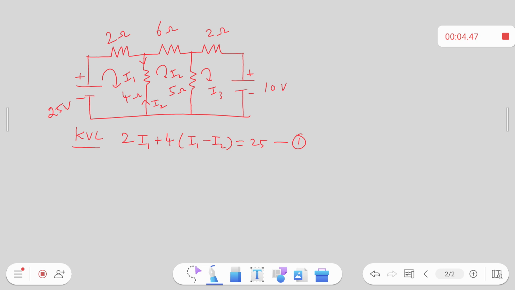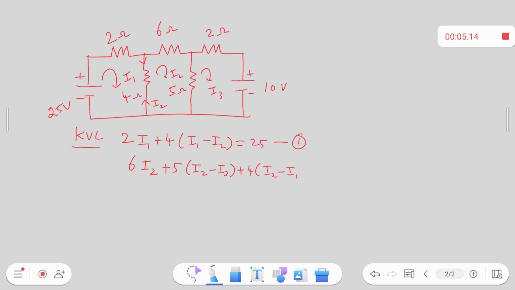Then I am following my second loop. My second loop says that 6I2, so I2 is flowing through the 6 ohm, plus 5 into (I2 minus I3), the resistor which is common to the second and third loop is 5, plus again I have to write 4 into (I2 minus I1).